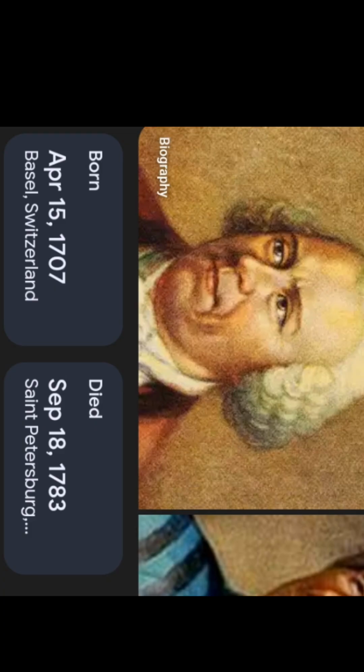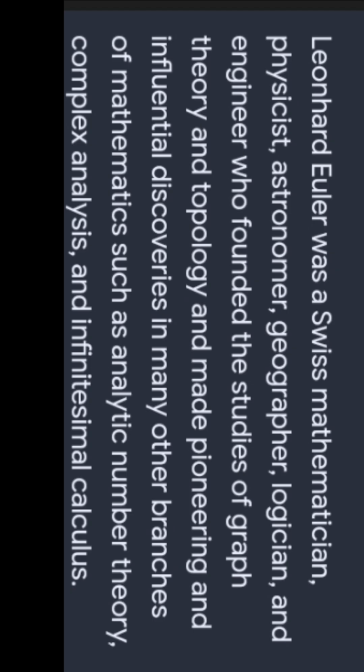Euler was born on April 15, 1707 in Basel, Switzerland, and he died on September 18, 1783 in St. Petersburg.